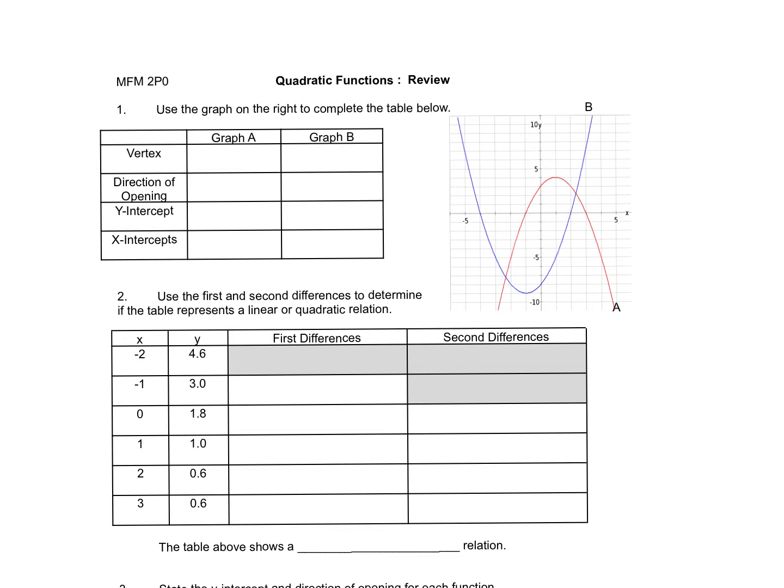So we're going to use the graph on the right to look. Graph A here, okay? This is our origin here. We're looking at the vertex, which is 1 and 4. The direction of opening is down.